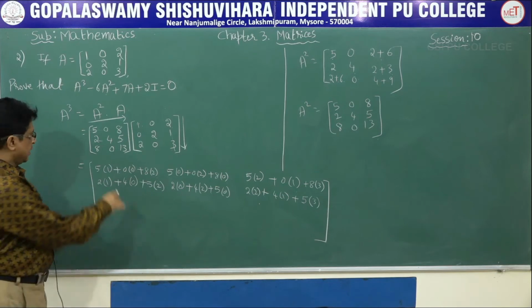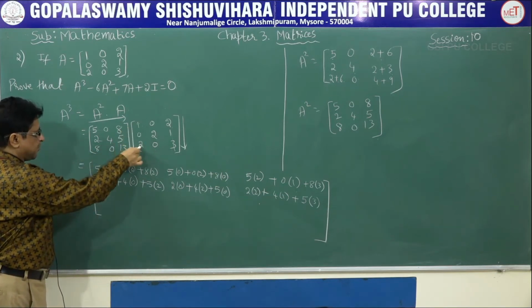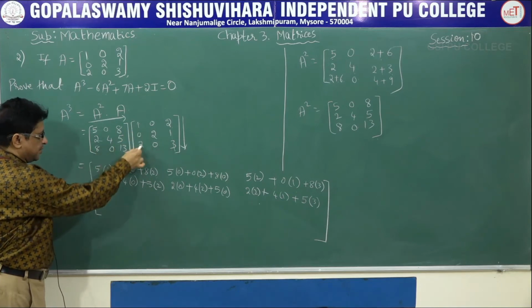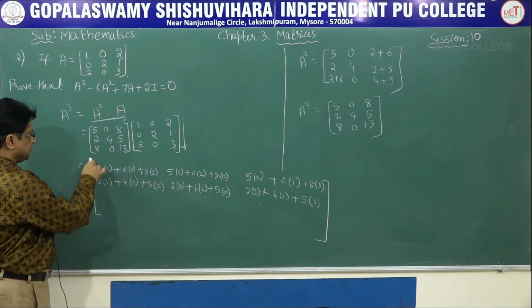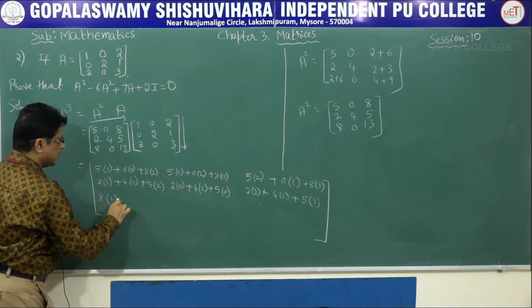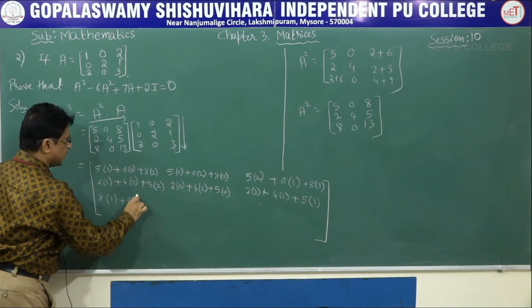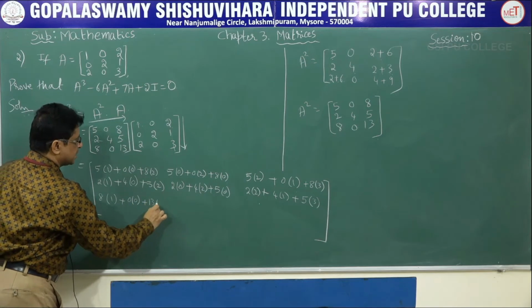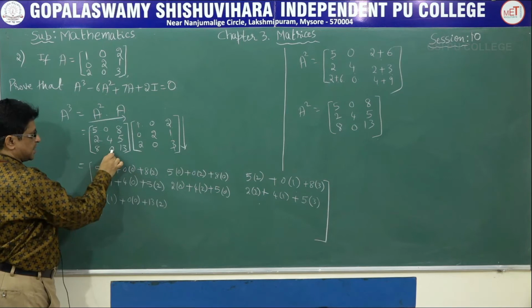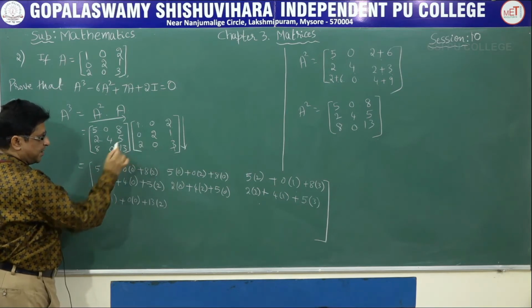Next row will be third row into first column. That is 8 into 1 plus 0 into 0 plus 13 into 2.